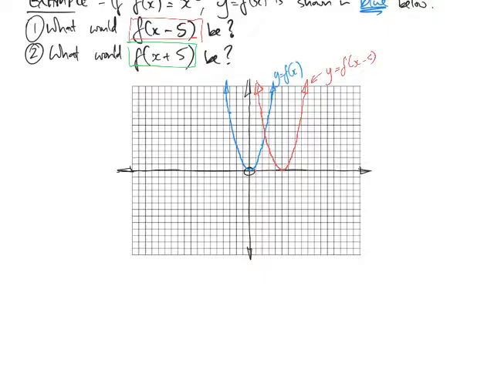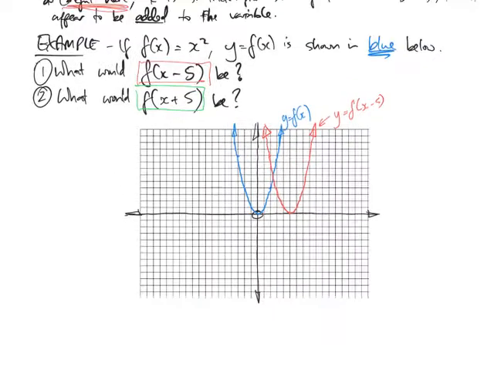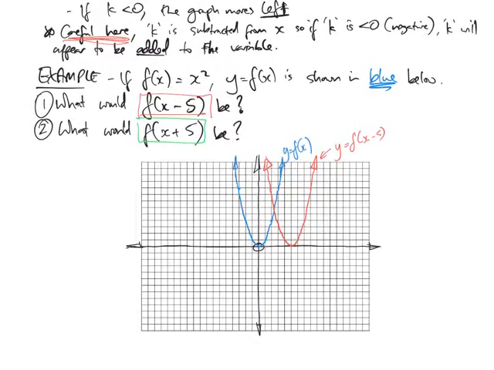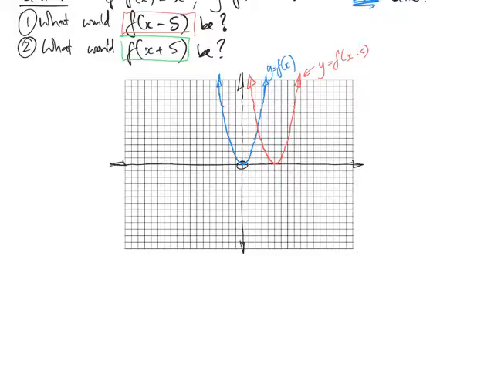What happens if it's the function of x plus 5 in brackets? So it's plus 5 because you were taking away a constant, but that constant was negative. It was less than 0. So it's actually moving the graph to the left by 5. So there.